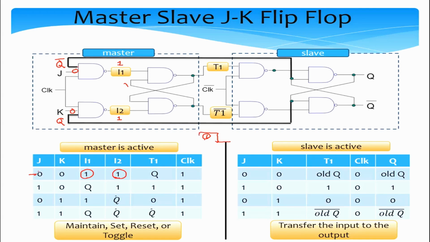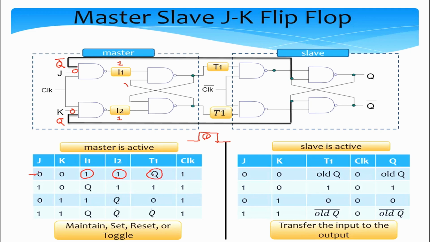Before this particular clock cycle, we had a positive edge. At the time of the positive edge, when the clock was 0, the value of T1 was reflecting in Q, and once the clock became 1, the slave got disabled. So the old value of T1 that we have over here is essentially the same as the value of Q. Since we are maintaining, the value of T1 that we have is the same as the value of Q.